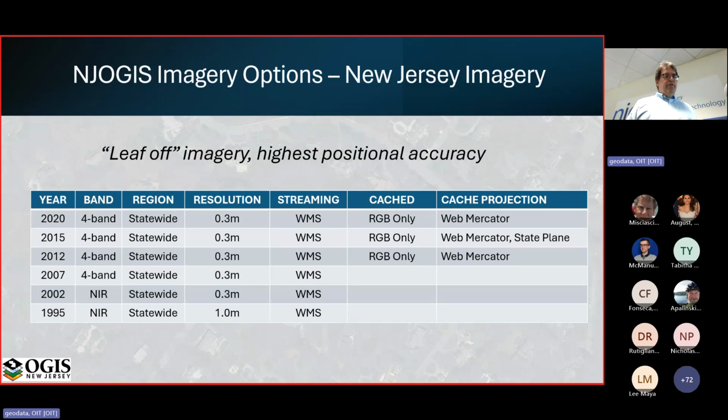These are all statewide, 4-band imagery, with resolutions of about a foot. They're all provided as a WMS, but here we also see that we serve these out as cached imagery. But we're only doing the RGB, the natural color, and in Web Mercator, with one in State Plane there.